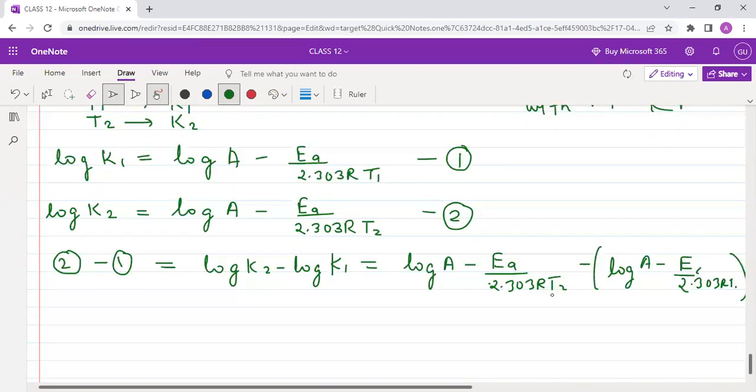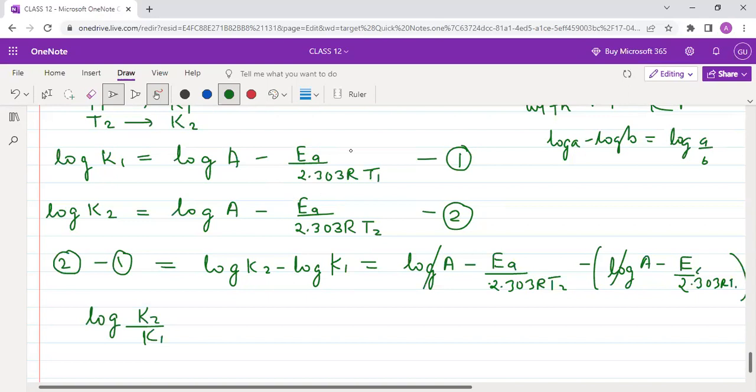Now when you open the bracket, log A and log A will get cancelled, log A minus log A. And log A minus log B is equal to log A upon B. This you have to remember: log A minus log B is equal to log A upon B.